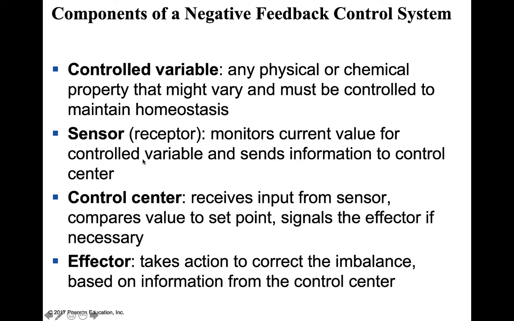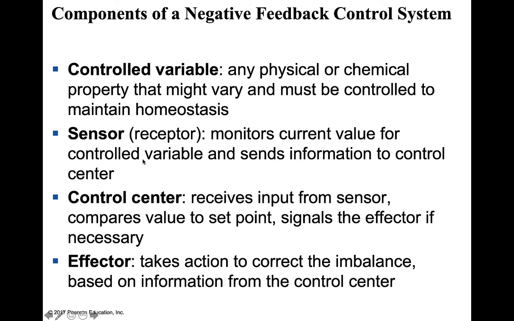Now, the effector is what's taking action to correct the imbalance. Another important factor when we talk about a negative feedback loop is to keep in mind that the change is in one direction, and the body is going to go in the opposite direction to bring it back to where it's supposed to be, or the set point.